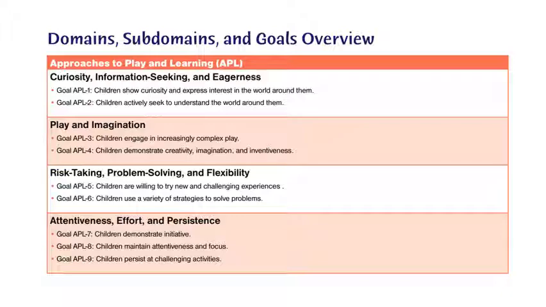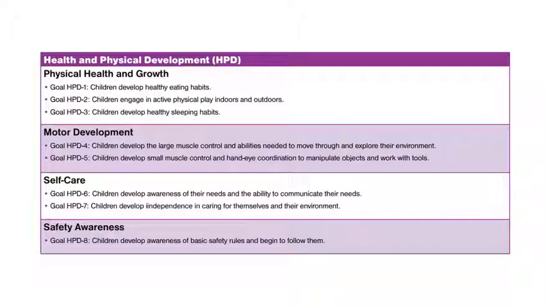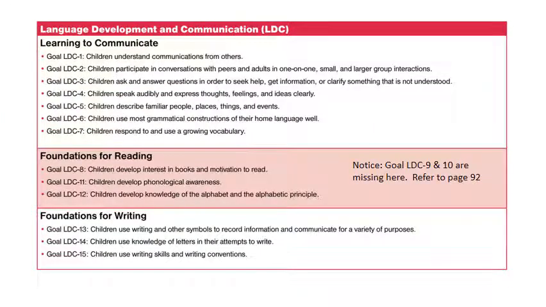When you're writing out what a goal might be, make sure you write it the way it's listed as you see here. Here is an easy access for the emotional and social domain, as well as the health and physical development domain, and the language development and communication domain.